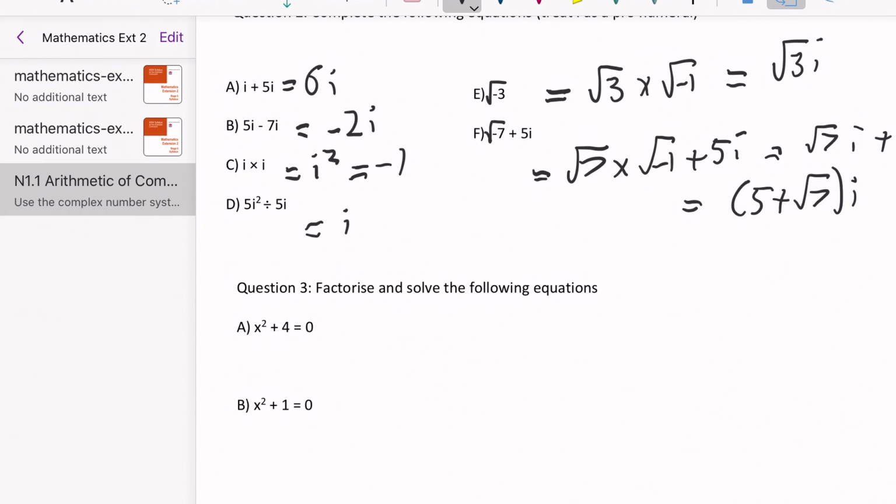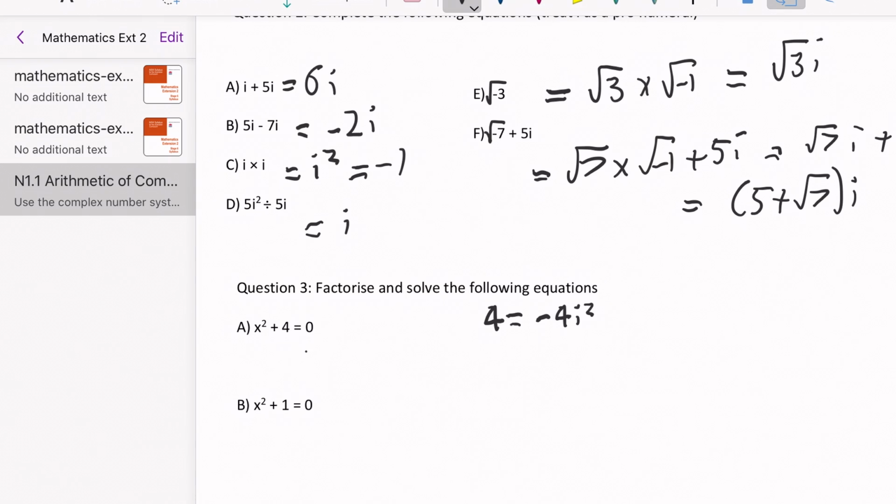So x squared plus 4. Previously, we wouldn't be able to factorize this expression, but now with our knowledge of i, we can say that 4 is equal to negative 4i squared, since i squared is negative 1.